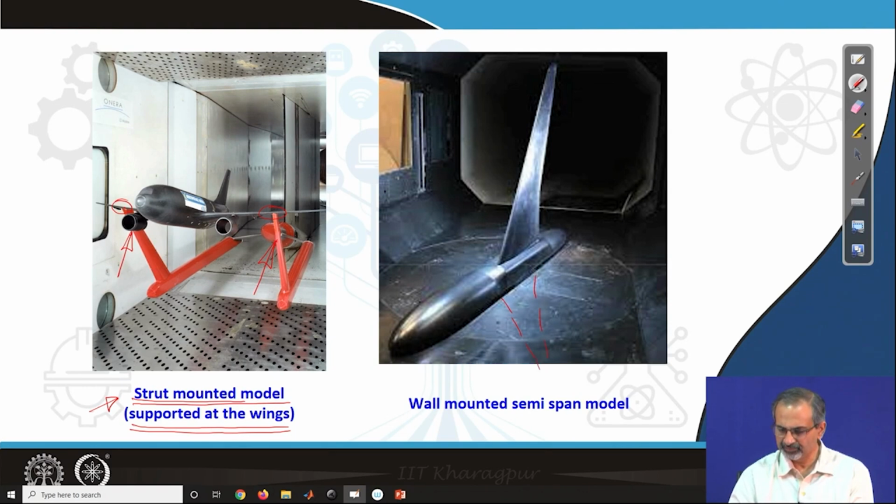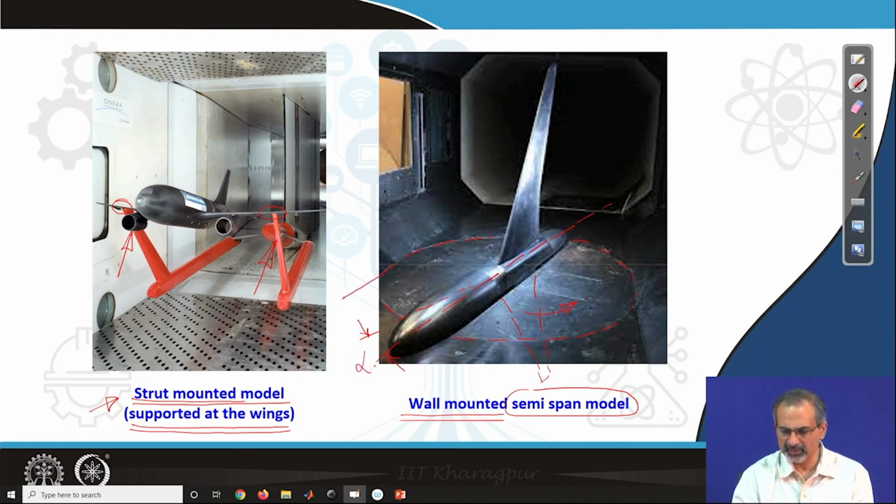The entire aircraft would have a portion on the other side continued, but you just use half of the model, which we call a semi-span model, and that semi-span model is mounted on the wall of the wind tunnel, basically the bottom wall, and you can make out that there is a kind of rotating table arrangement on which it is mounted, which means if you rotate this table and fix it at different angles, then you are actually going to change the angle of inclination of the aircraft by changing alpha, basically.